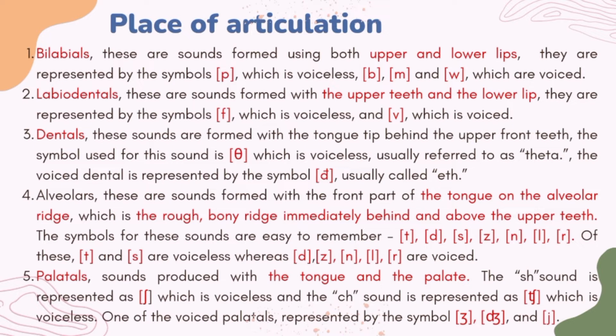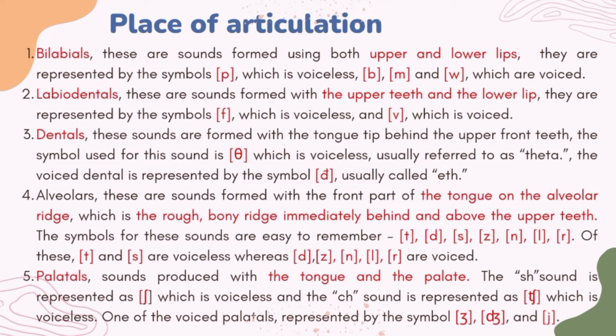Of these, t and s are voiceless, whereas d, z, n, l, and r are voiced. For example, top, tip, sit, zoo, not, lap, lead, right, and write.